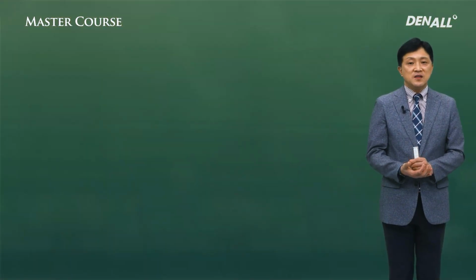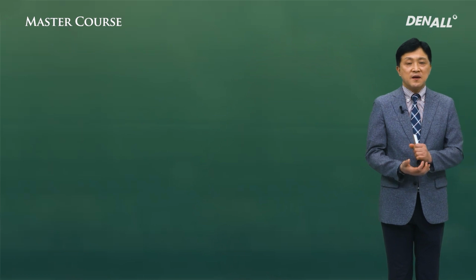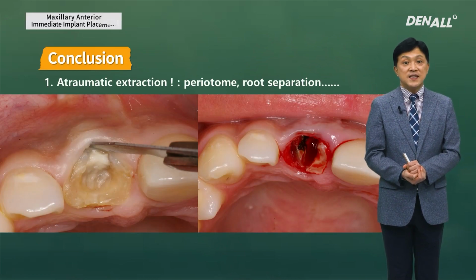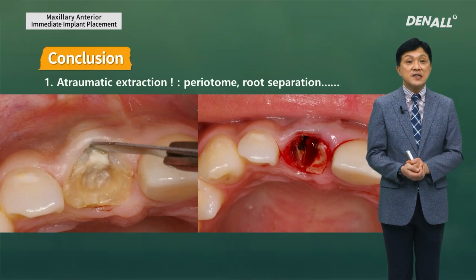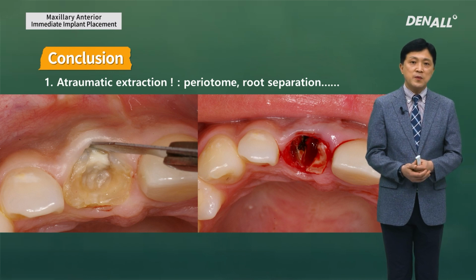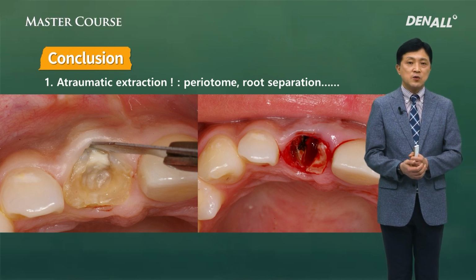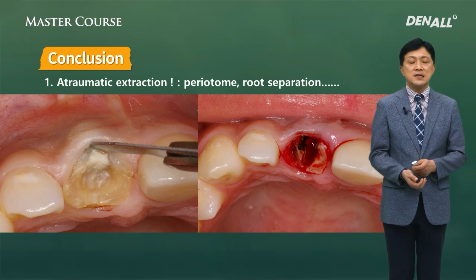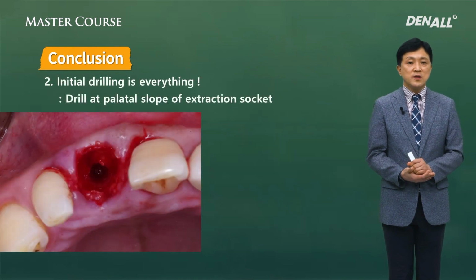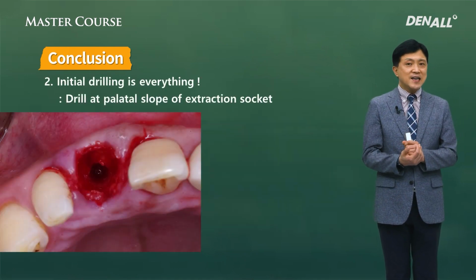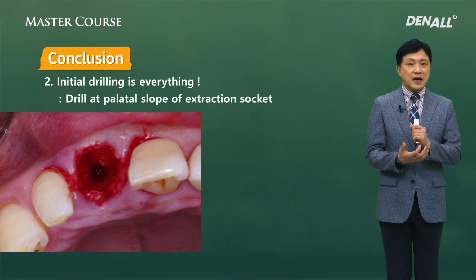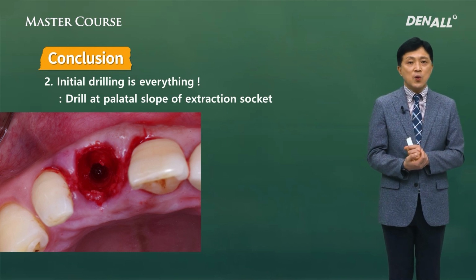Summary. The conclusion. First, you need to do atraumatic extraction. Whether you use periotome separation or root separation, you need to extract as atraumatically as possible, and initial drilling is everything.